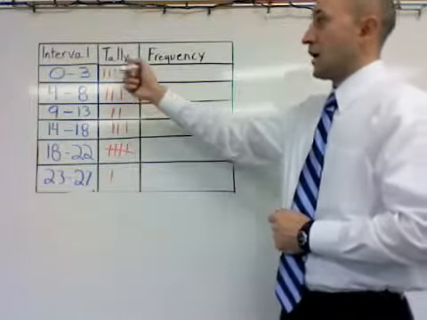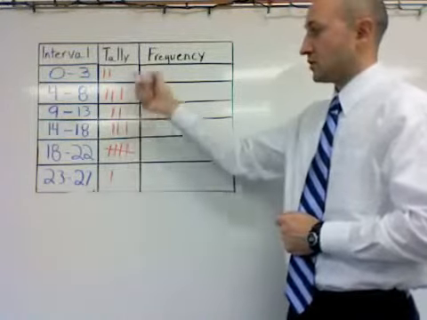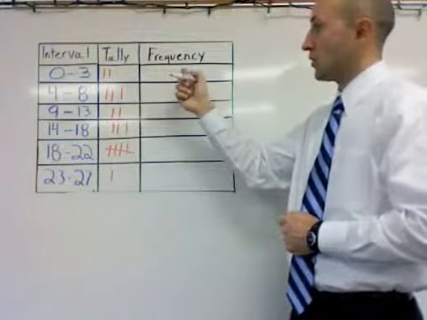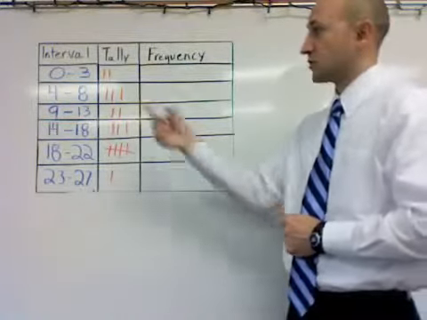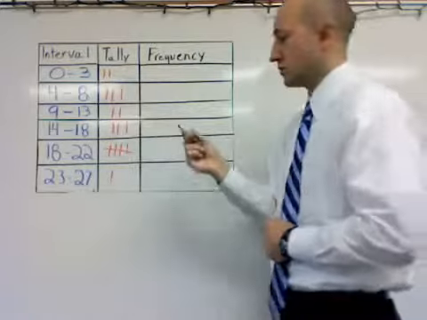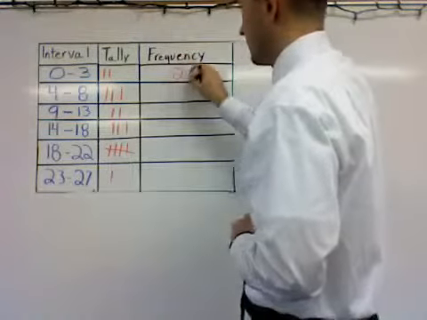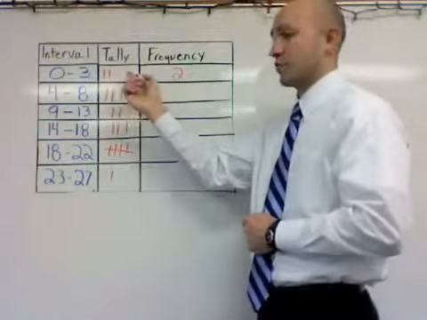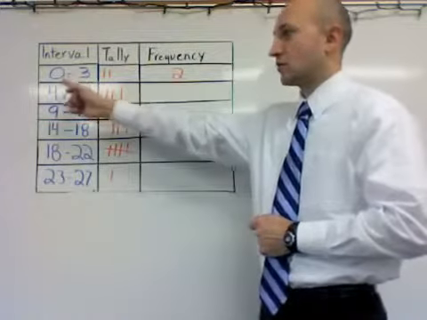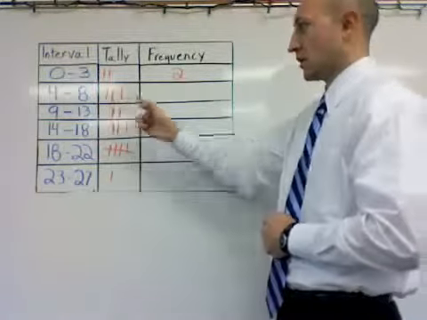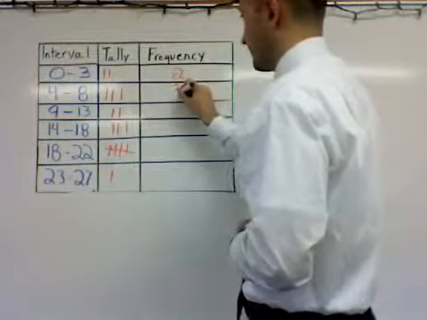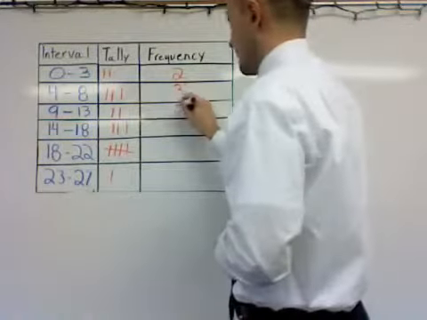So, now that I have all of my tallies calculated, I'm going to put that number onto the frequency side. 2 tallies means it's happened 2 times, or we could say 2 people have been on a roller coaster 0 to 3 times. Here I count up 3. Over here I get a 2 again.